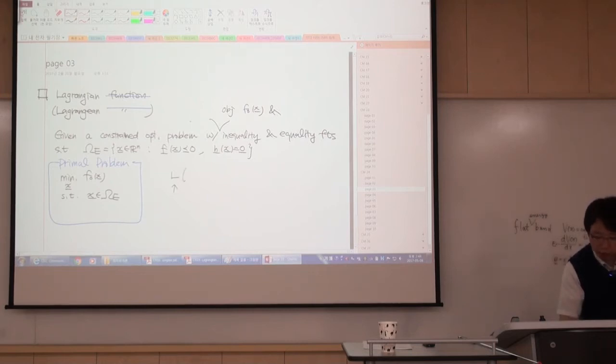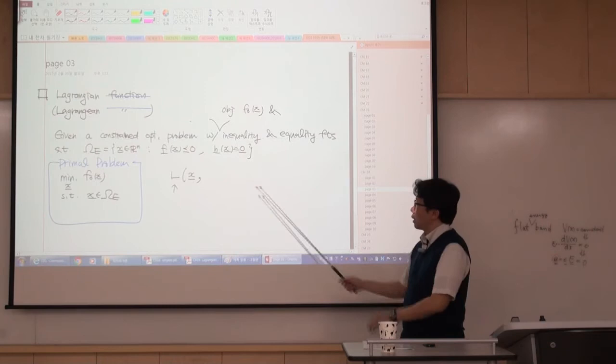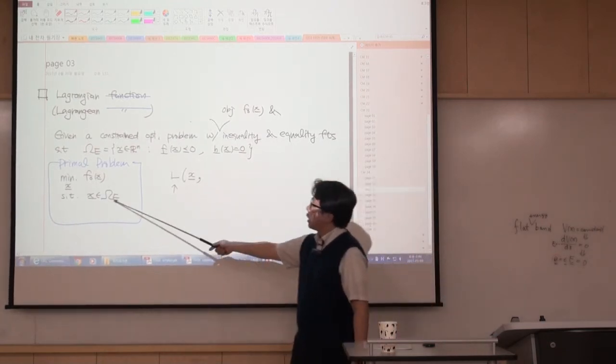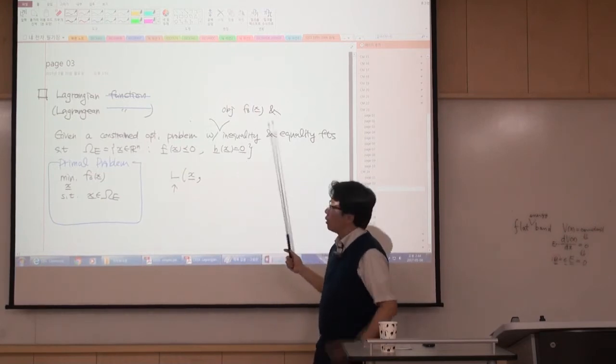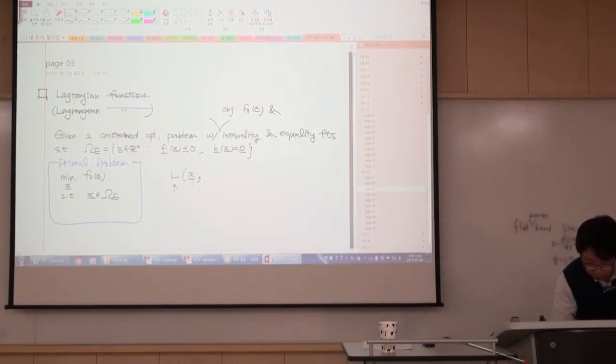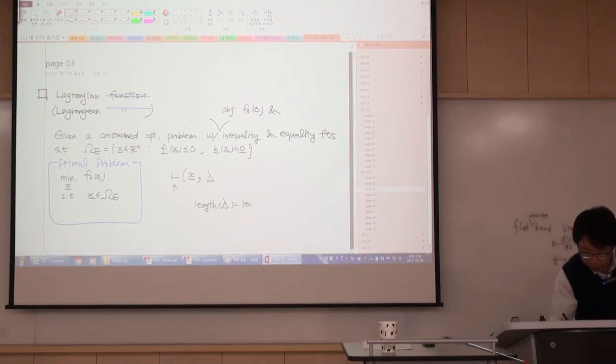And its argument is interesting. Of course, you have your original parameter x. Now, first we introduce a vector lambda, and the length of this lambda is the same as the length of the f function.